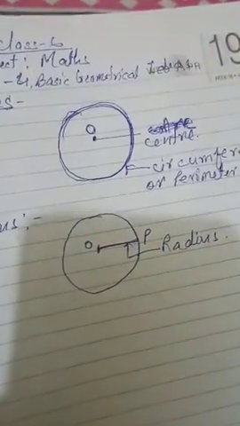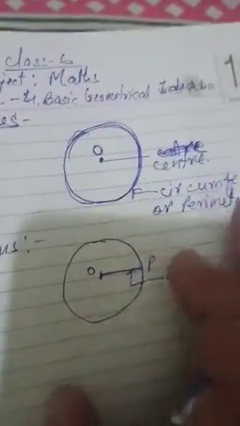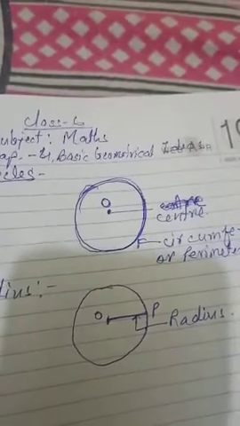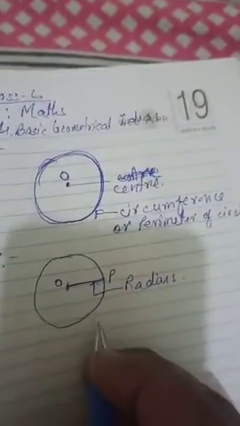Is it clear, student? The radius is the line segment that joins the center to a point on the circle. OP is the radius.